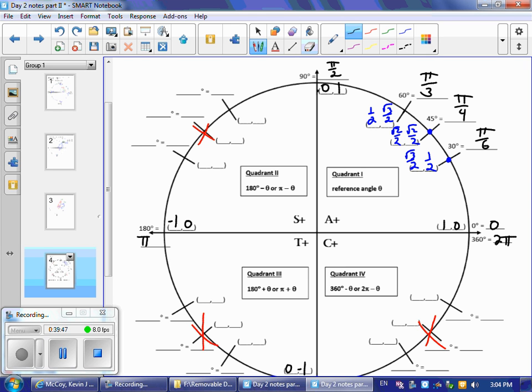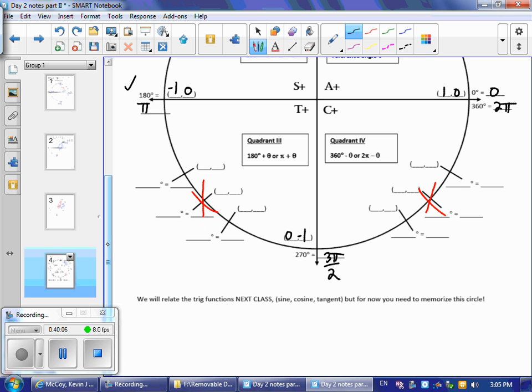So if you think about it, we had 30, 60, 90. The next one adding 30 should be 120. Then 30 more would be 150. 30 more is down here at 180. Adding 30 more, 210. 30 more, 240.